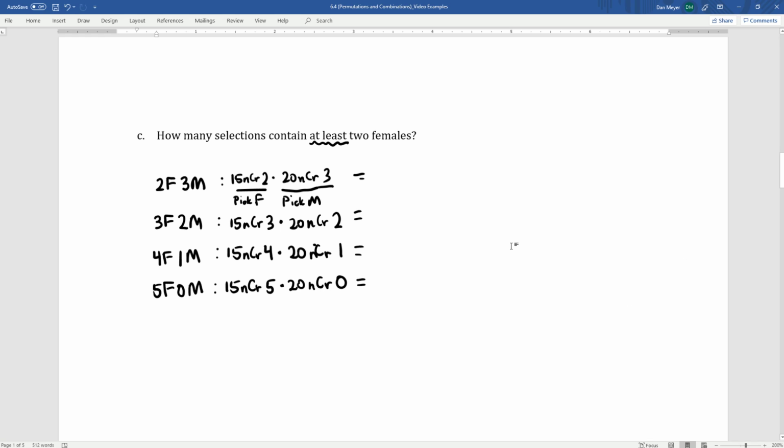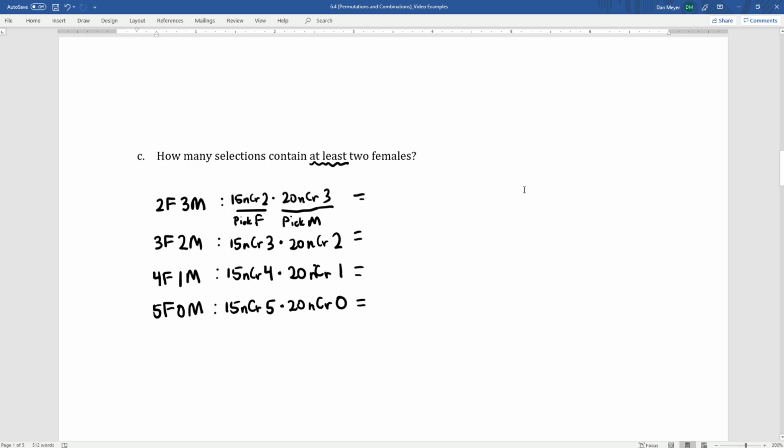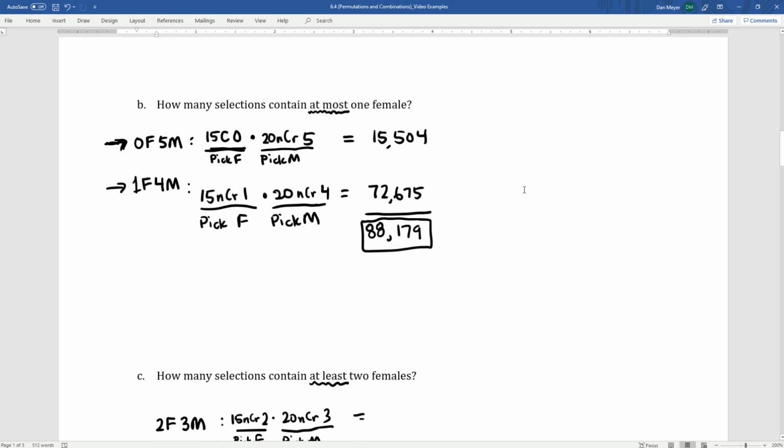There's another thing that goes along with some of these at least, at most problems, and that's using the complement formula. So notice that in part B, we're saying that the number of females is less than or equal to 1. And in part C, the number of females is greater than or equal to 2.